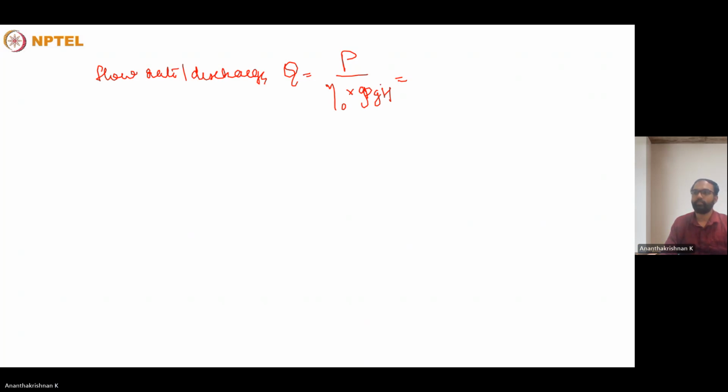So the flow rate or the discharge Q is given as the power produced divided by the overall efficiency multiplied by rho into g into H. So from this we can determine the flow rate.